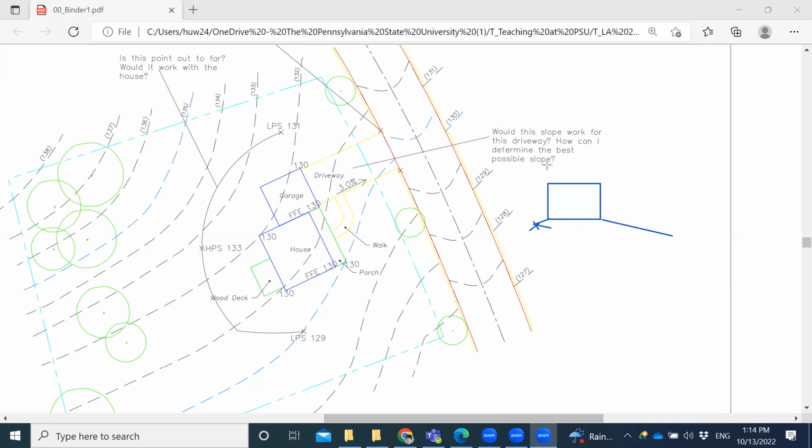If instead I make my driveway very steep, exaggerating, okay? If this is steep, then my HPS can be high, right?